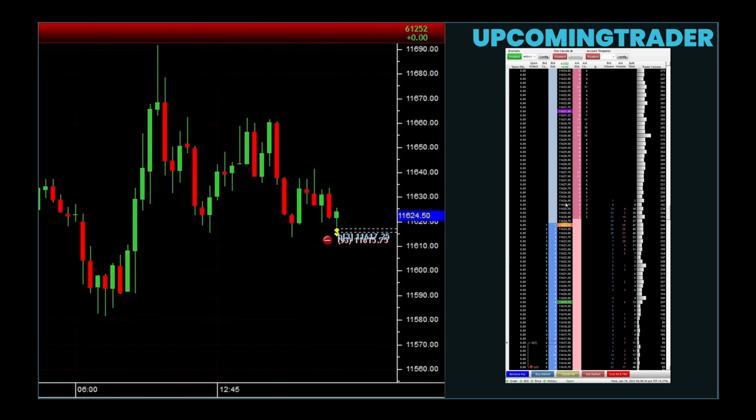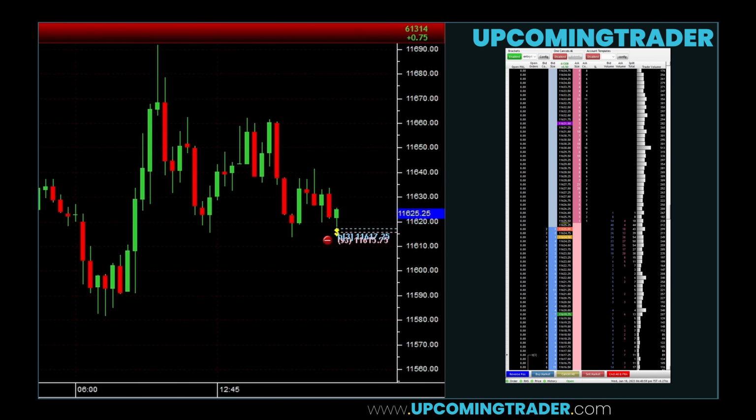Spike profiles are another type of pattern you might see on a time price opportunity chart. These occur when there is a sudden surge in price, leading to a sharp spike on the profile. Spike profiles are often the result of sudden news or unexpected market events that push the price rapidly in one direction.